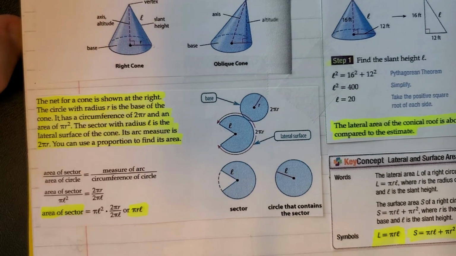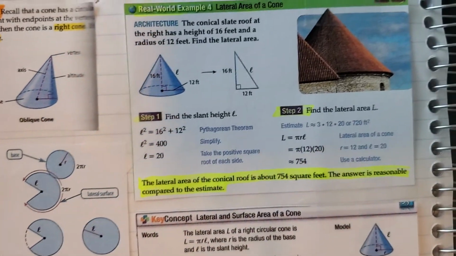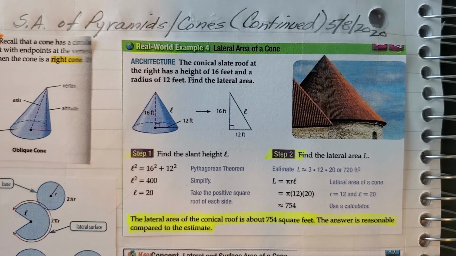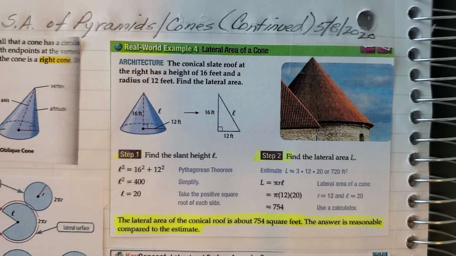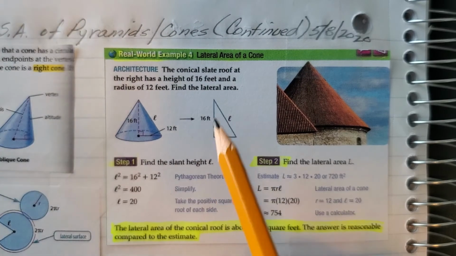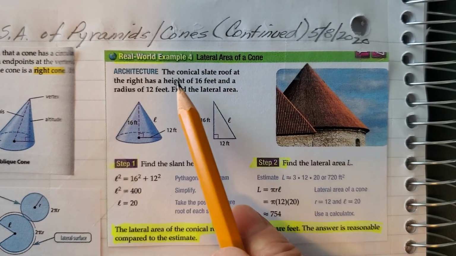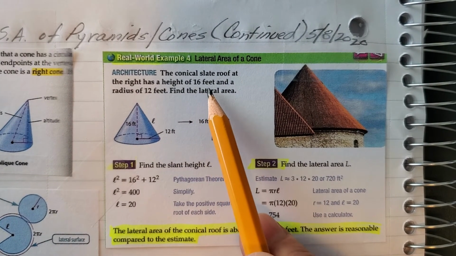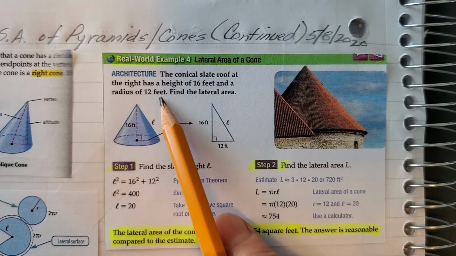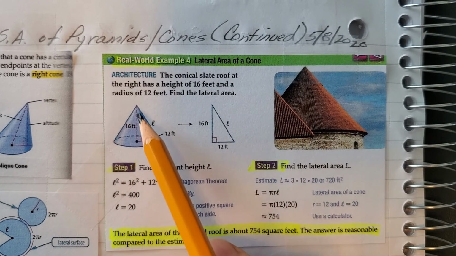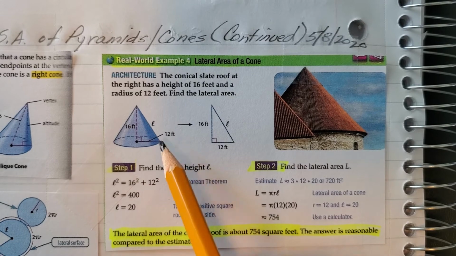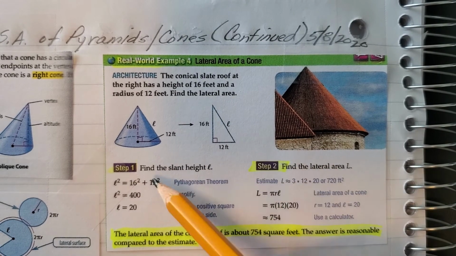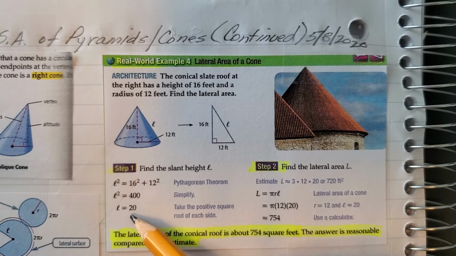So with that, we're going to find the lateral area of a cone, and then we'll find the surface area by just adding in the base area. The conical slate roof at the right has a height of 16 feet and a radius of 12 feet. Find the lateral area. To find it, we need to find L first, so we use the Pythagorean theorem and we get 20.